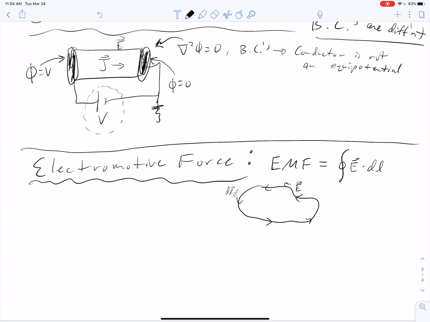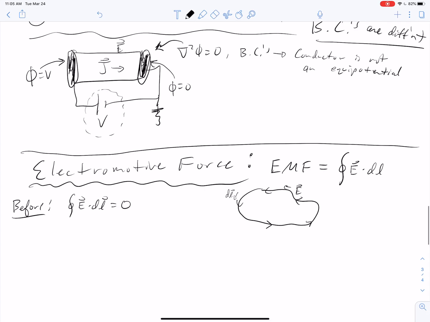Now, what makes this subtle is that you already know from before that the integral of E dot dl along a loop is equal to 0, because I come back to where I started. That's basically the voltage at the end minus the voltage at the start, and that's 0.